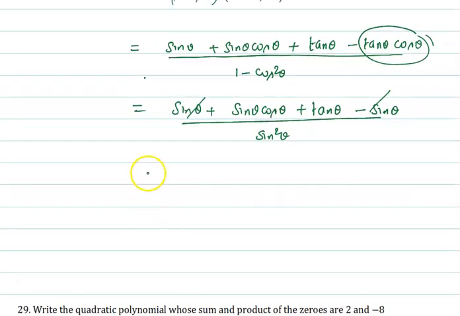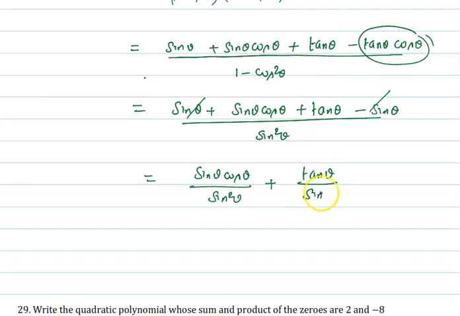So next I am left with sin theta cos theta divided by sin square theta, plus tan theta divided by sin square theta. One sin gets cancelled, and cos by sin theta is equal to cot theta. Here 1 over sin square theta will be kept as it is, tan can be written as sin theta divided by cos theta.